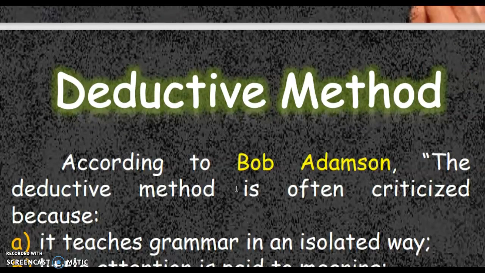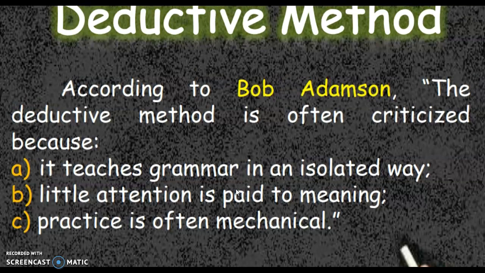Let's go on. According to Bob Adamson, the deductive method was studied several times, and as a result it was found that it teaches grammar in an isolated way. In an isolated way means, for example, only writing on the blackboard. Let me take a part of grammar like the noun.